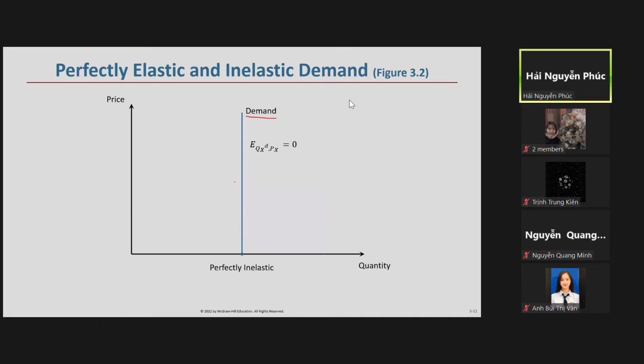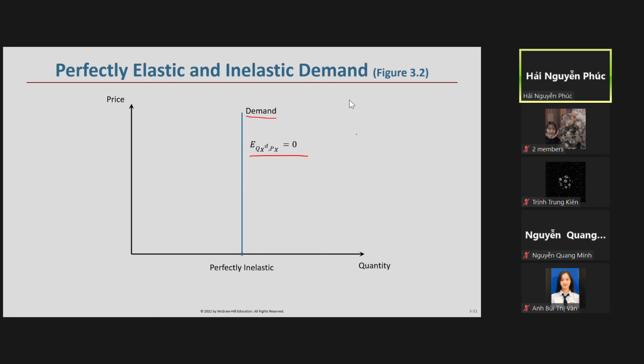It tells us that if the price changes, the quantity demanded remains unchanged. Once again, if the price changes, the quantity demanded remains unchanged. It is the situation when the elasticity is equal to 0.